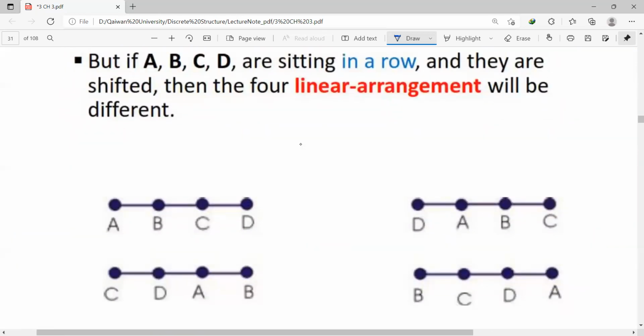For the linear arrangement, if we want to arrange 4 people on a line, we have 4 factorial, which is 24.